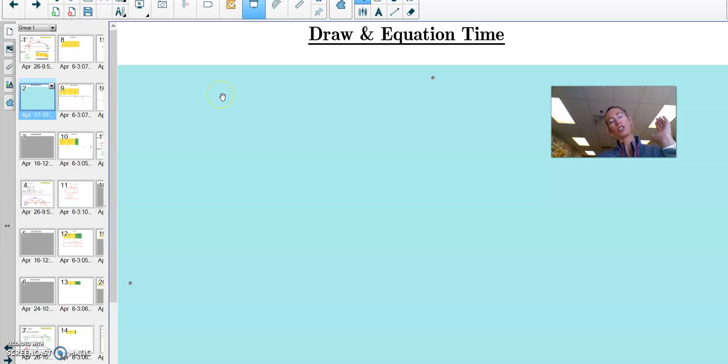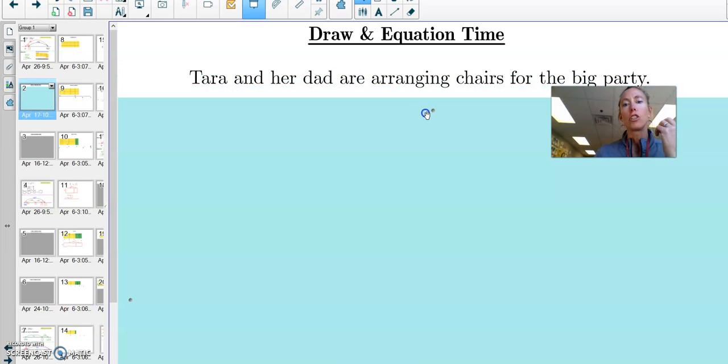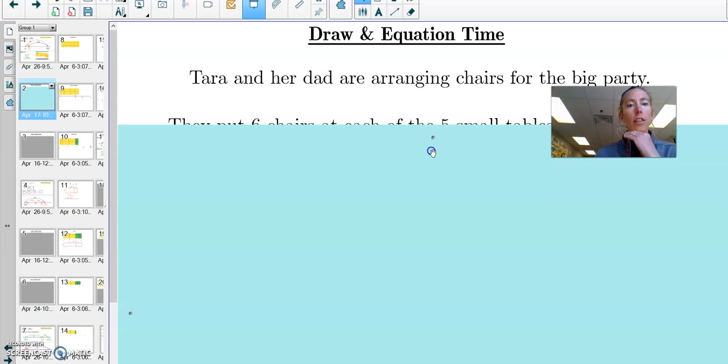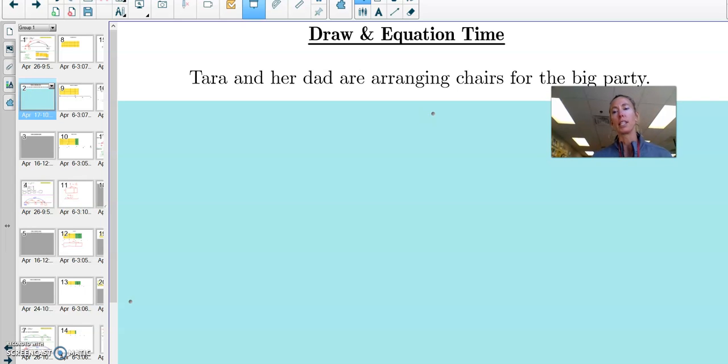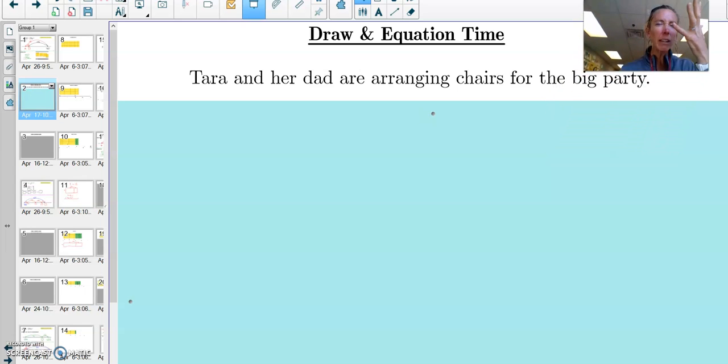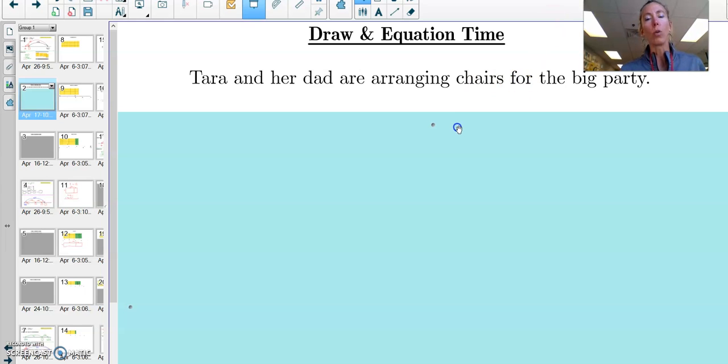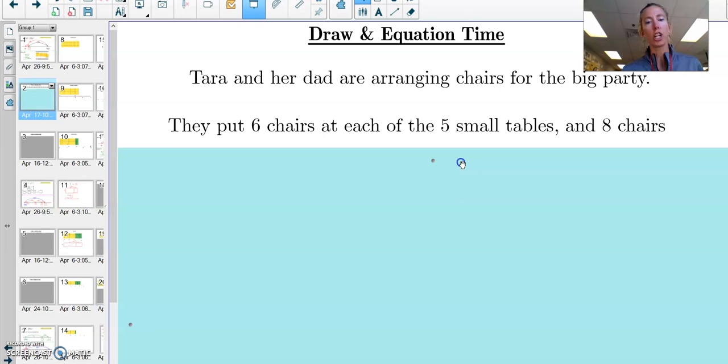It does start you off in Unit 7 with some wordy problems where you're trying to come up with an equation that would represent the situation. That's how I have you start the time together. They're going to get a situation that you go through sentence by sentence. We try to make sense of this problem and persevere through it by drawing what we're noticing. They put 6 chairs at each of the 5 tables. So I'm going to say, okay, I have 5 things, and at each of those tables, there's 6 chairs.